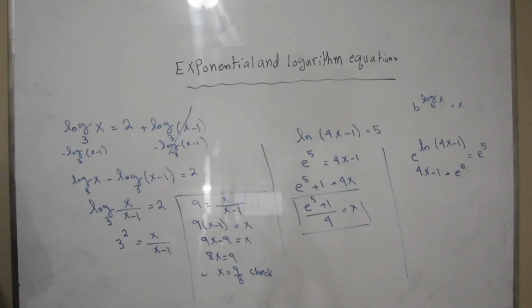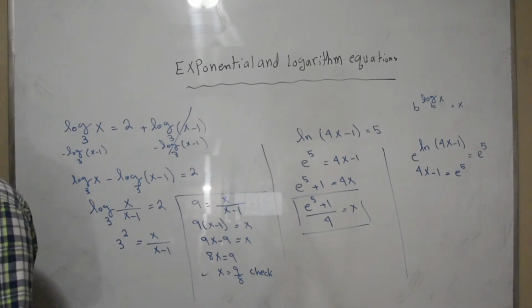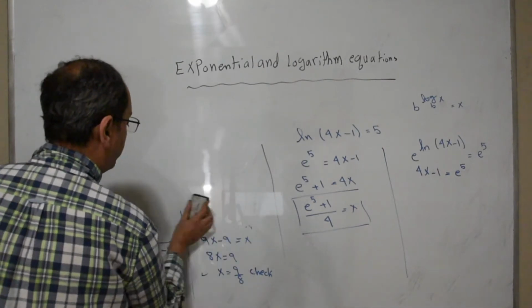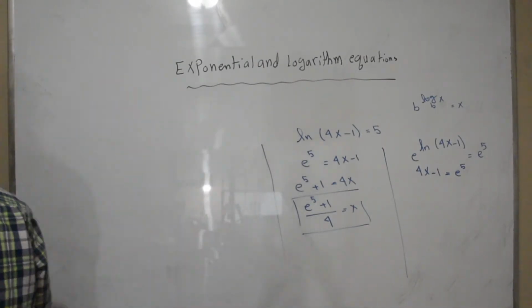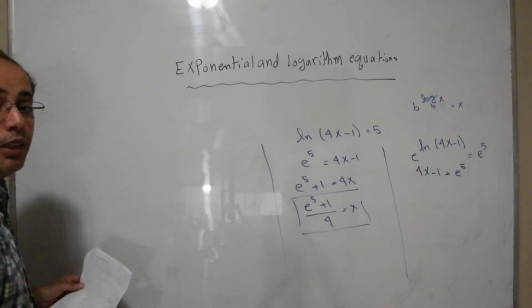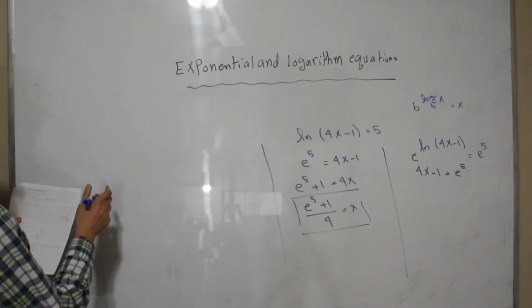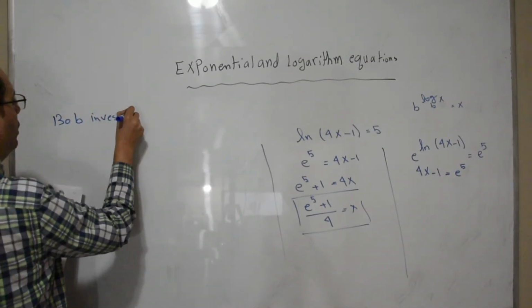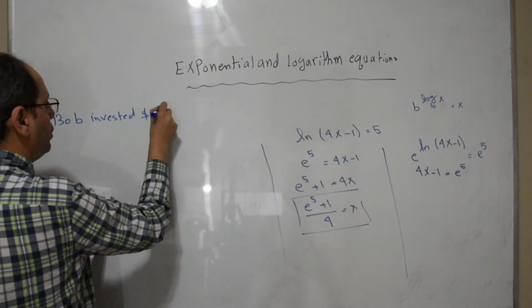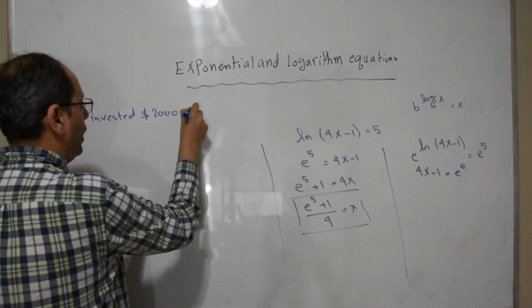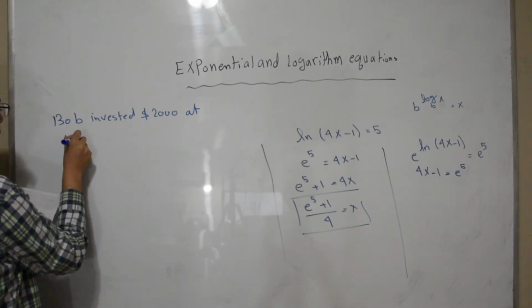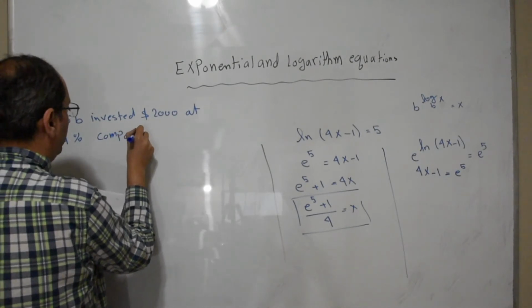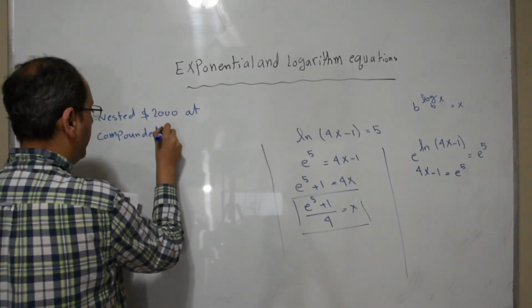Let's get one more example, and this example is an application. I'm going to read the question, or I can write it down. Bob invested $2,000 at 4% compounded monthly.